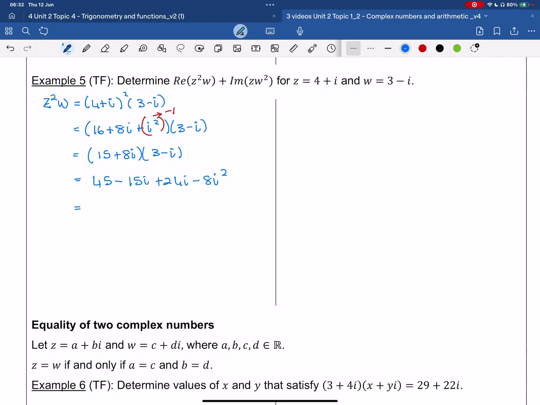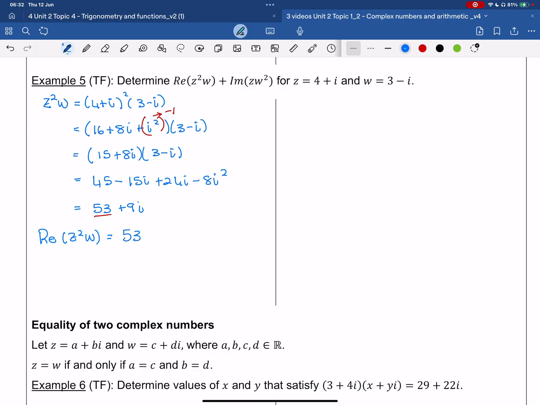Again, i squared is equal to -1, and we are going to collect all of our real terms and our imaginary terms. So 45 plus 8 gives me 53, and 24 minus 15 is 9i. Okay, so now let's just first look at this. Our real part of z squared w is just going to be 53.